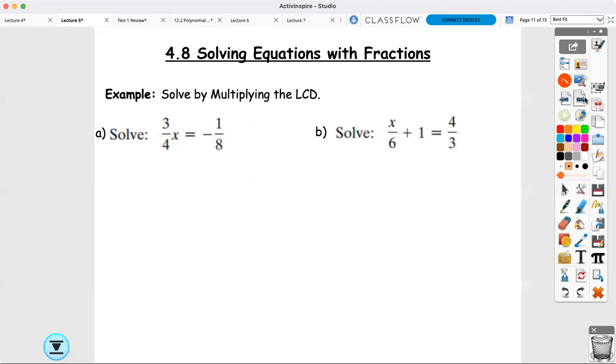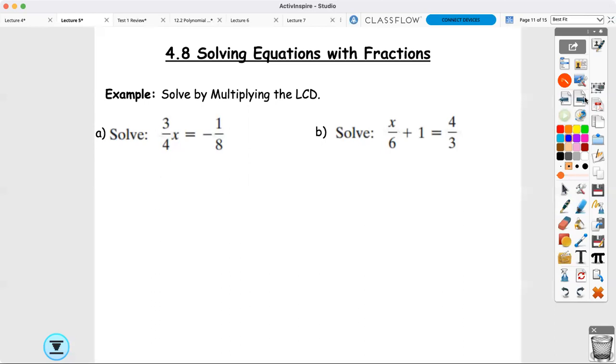So what do the instructions mean, right? What are we having to do? Solve by multiplying the LCD. Multiplying fractions by the LCD gets rid of all your denominators, okay?